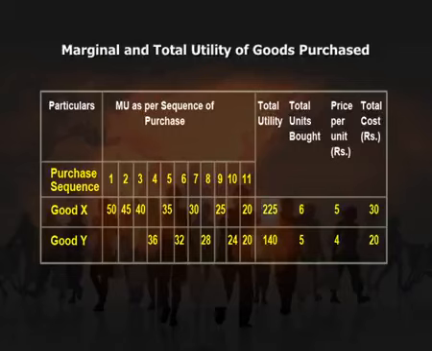Thus, the total utility of 6 units of X would be 225. We are calculating 50 plus 45 plus 40 plus 35 plus 30 plus 25, which is 225 utils. And 5 units of Y would provide 140 utils, that is 36 plus 32 plus 28 plus 24 plus 20, which is 140.